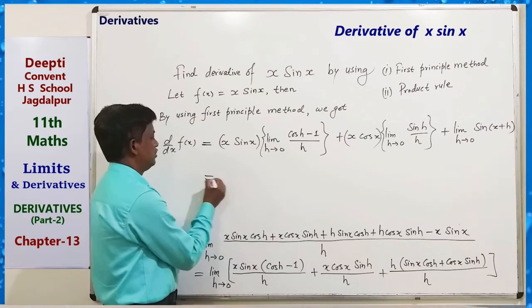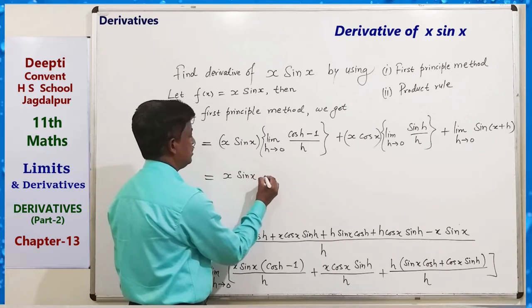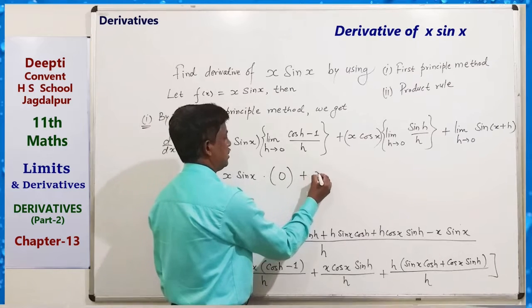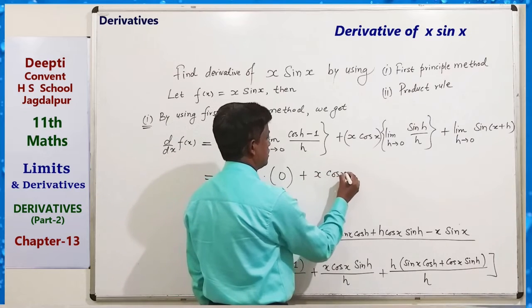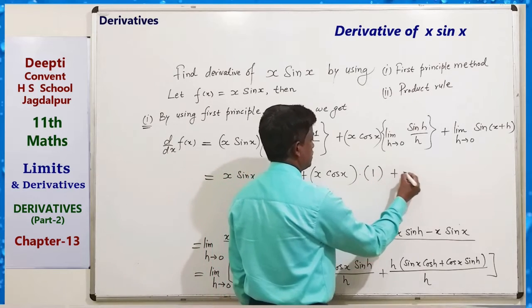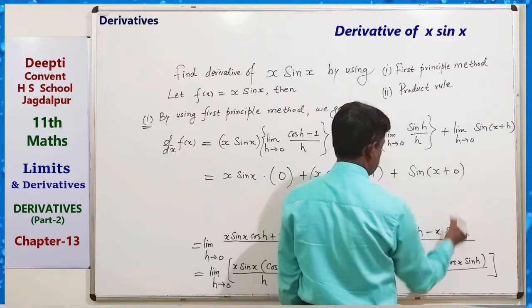Now we get x sin x into 0 plus x cos x into 1 plus sin x.